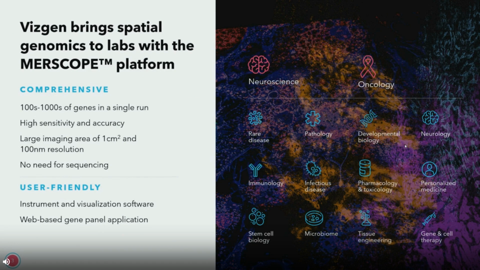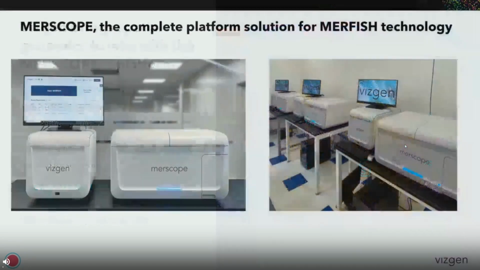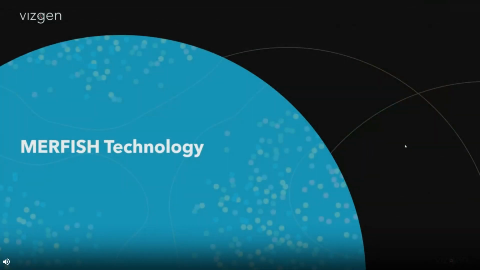So this is an all-in-one user-friendly solution, which includes the upstream sample prep related reagents, instruments, and downstream visualization software. Highlighted here on this slide is the instrument that performs data acquisition and data analysis. In the next few slides, I'm going to walk you through the principles of MERFISH technology first.